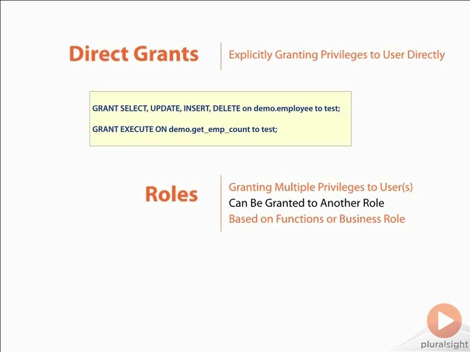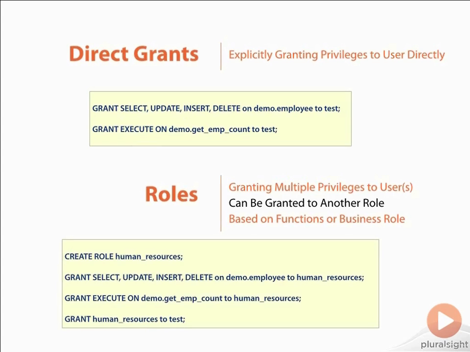Continuing with the previous direct grant example, let us see how we can give the user test the privileges now using a role. A DBA will issue these statements. Create role human_resources creates a role named human_resources. Grant select, update, insert, delete on demo.employee to human_resources grants the necessary privileges on the employee table to the human_resources role.